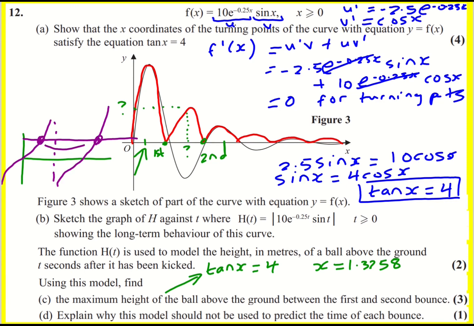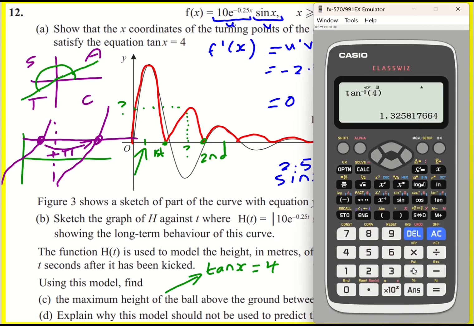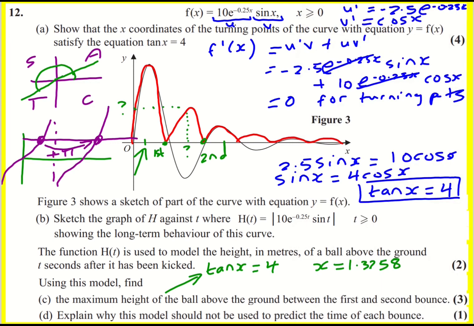The next one, because tan repeats every pi radians, I just need to add pi on. Or with your CAST diagram, we've got this one here. We're trying to find that one. So we've got our angle, we just add on pi to it. Which gives 4.4674.